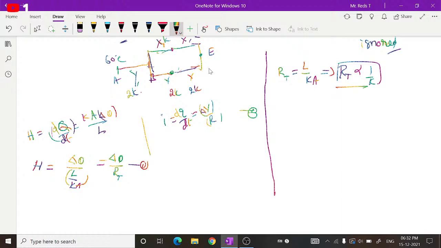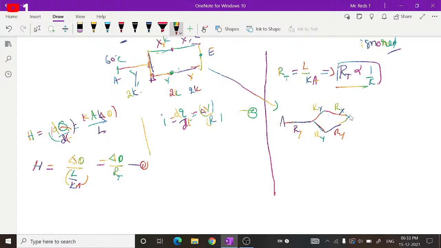Now, if you redraw this, one rod is the Y rod. In terms of thermal resistances, let us consider the resistance of Y, and here the resistance of X, in series; resistance of X, and here resistance of Y, another resistance of Y. They are connected here.